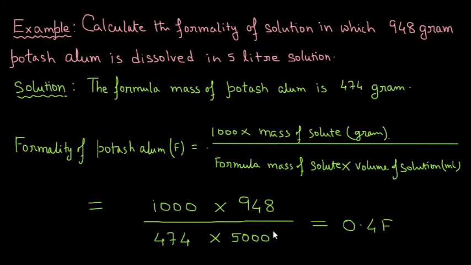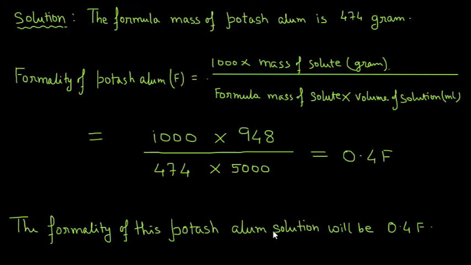Multiplied by volume of solution in ml, which is 5000. Upon solving, we get 0.4 F formality. So the formality of the potash alum solution will be 0.4 F.